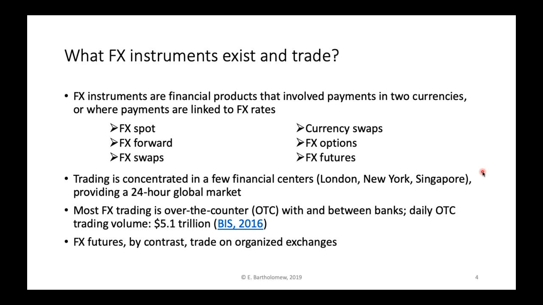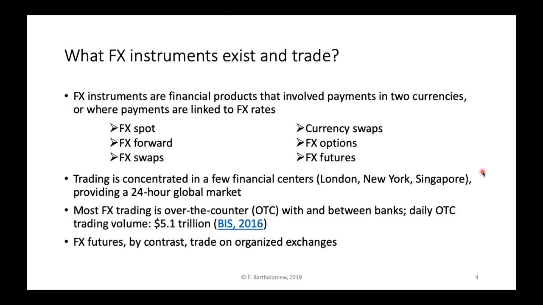Now, the FX market is huge, and it's concentrated in a few financial centers: London, New York, and Singapore. And this allows the major currency pairs, for example, Euro, US dollar, to have a 24-hour market as the books will move from one center to another.